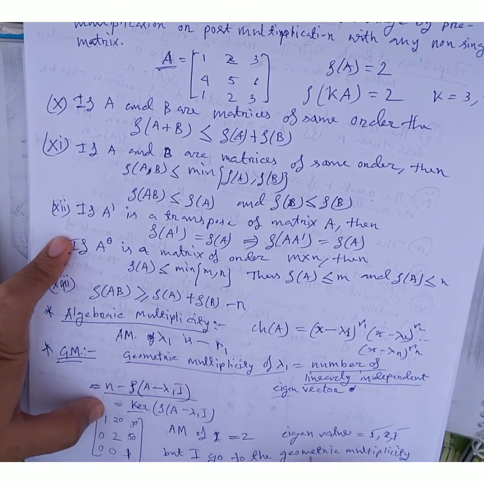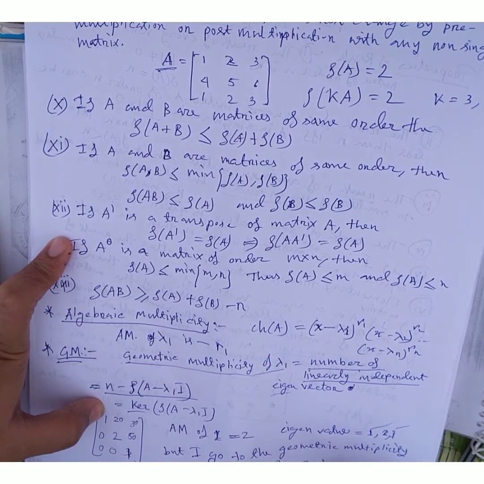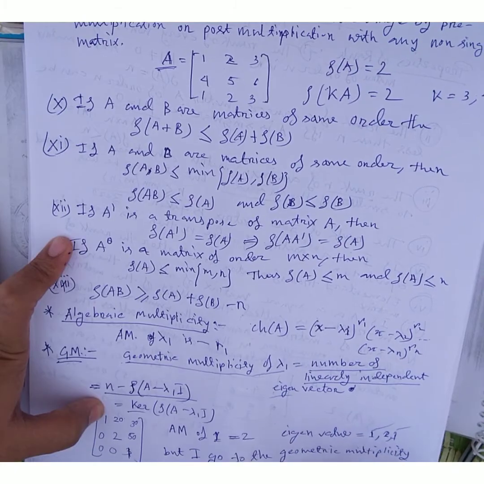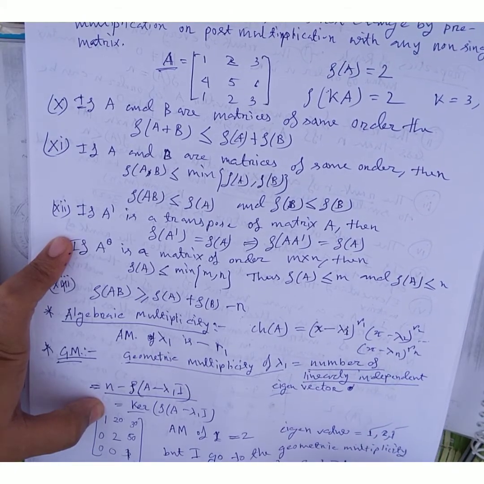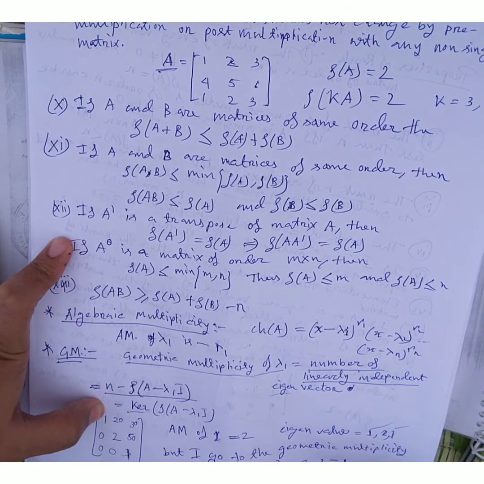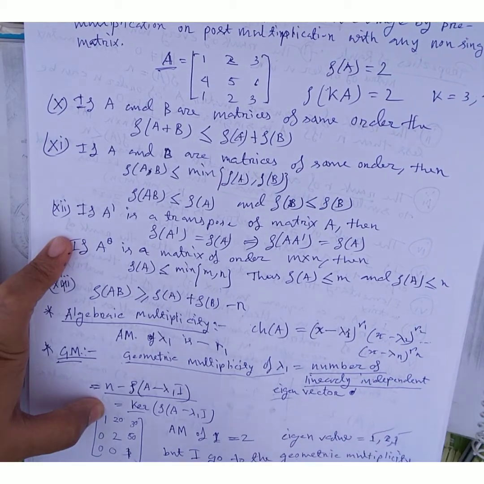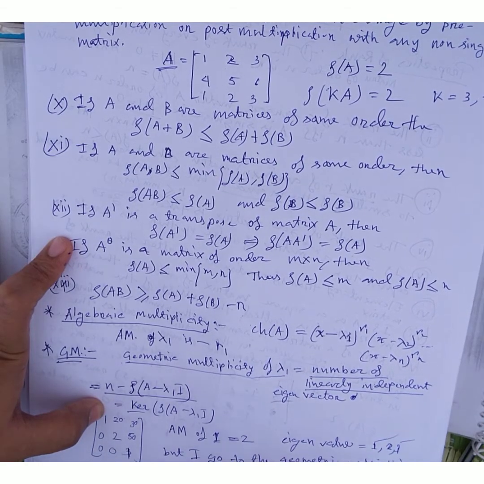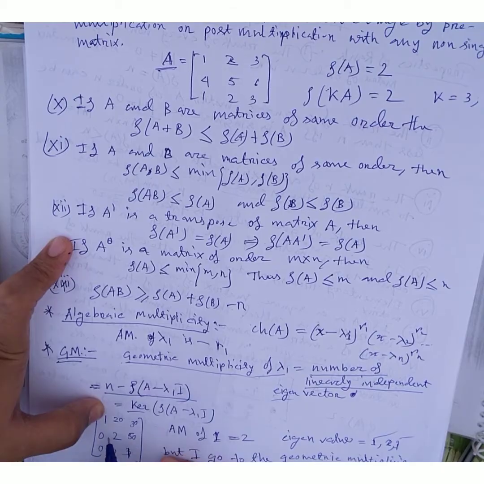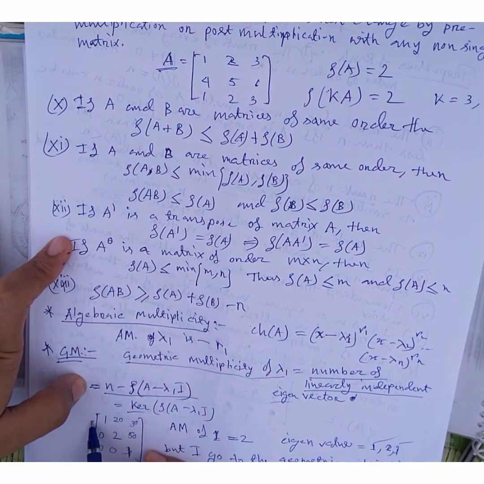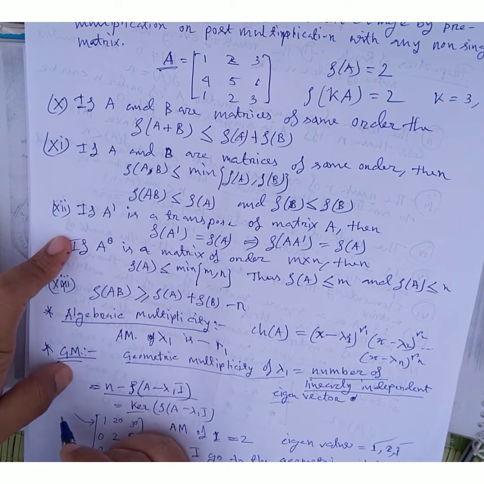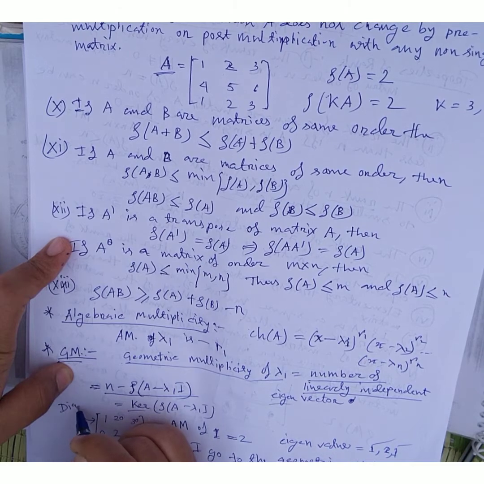So this rank is 2. So 3 minus 2 is equal to 1. That's why GM of 1 is equal to 1. So this matrix is not diagonalizable.